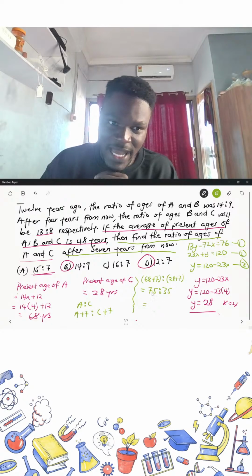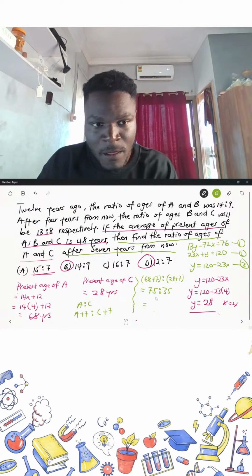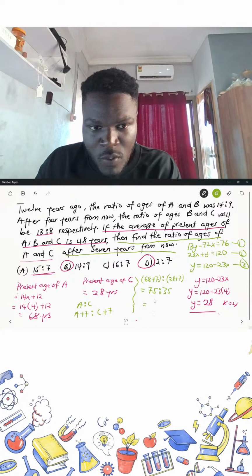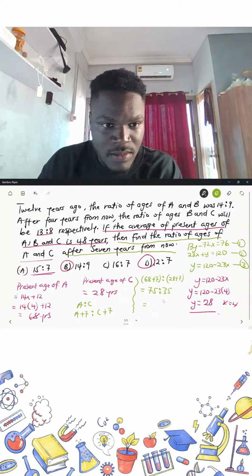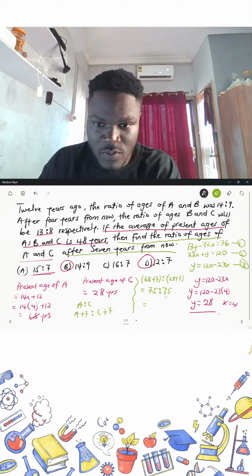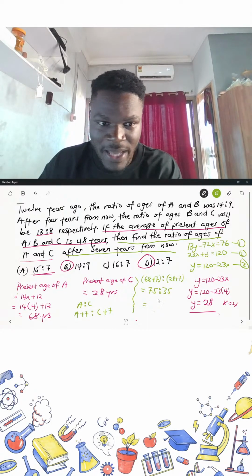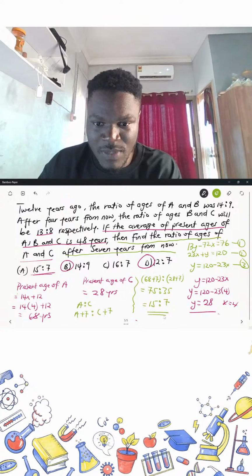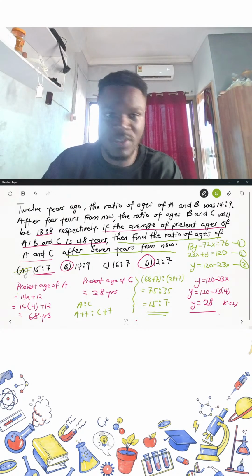And if we break these down, 5 will divide all this. Sorry, 5. 5 will go into 75 15 times, and then it will go into 35 7 times. So this becomes our ratio. So the correct answer is option A.